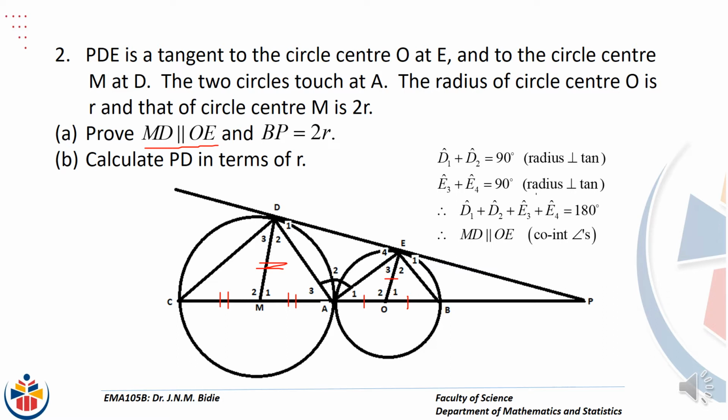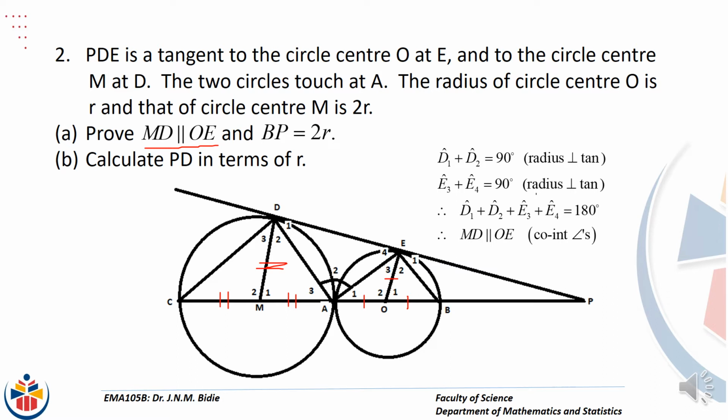So for parallel lines, we have to find the angles that fit. Any, we can get corresponding angles or cointerior angles or alternate angles. And in our case, we decided to use that D1 plus D2 is equal to 90 degrees.